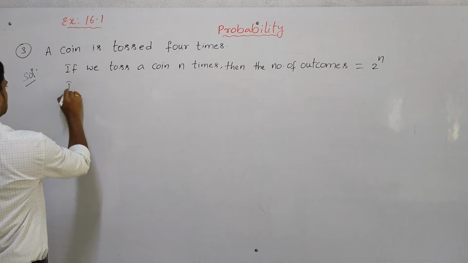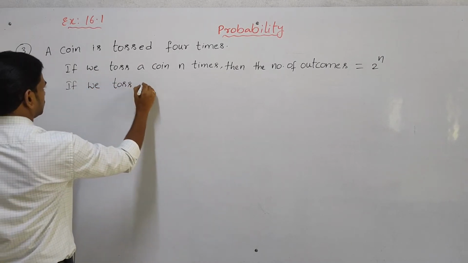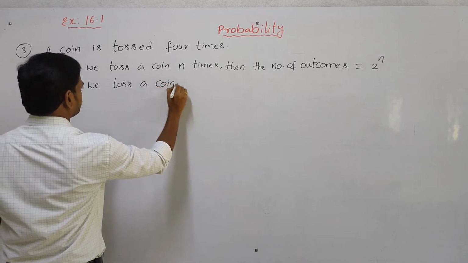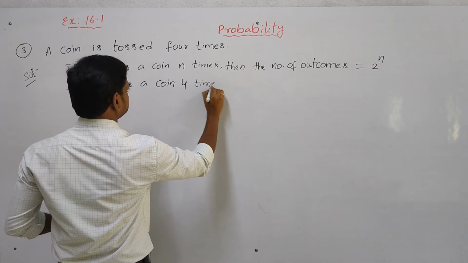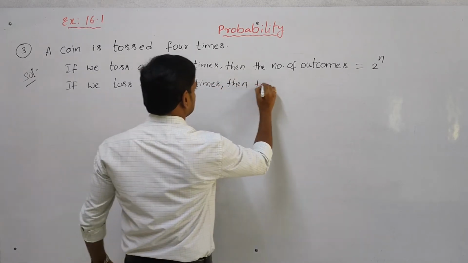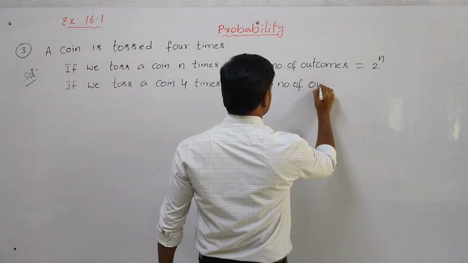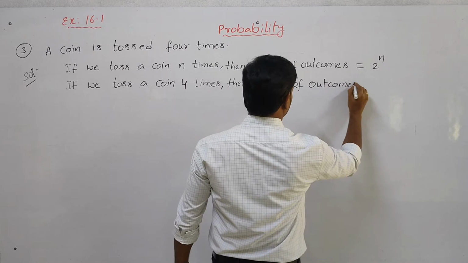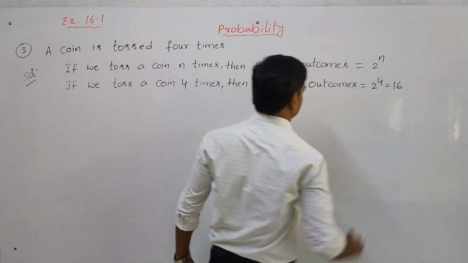So if we toss a coin 4 times, n value is 4, then the number of outcomes is equal to 2 power 4, that is 16.